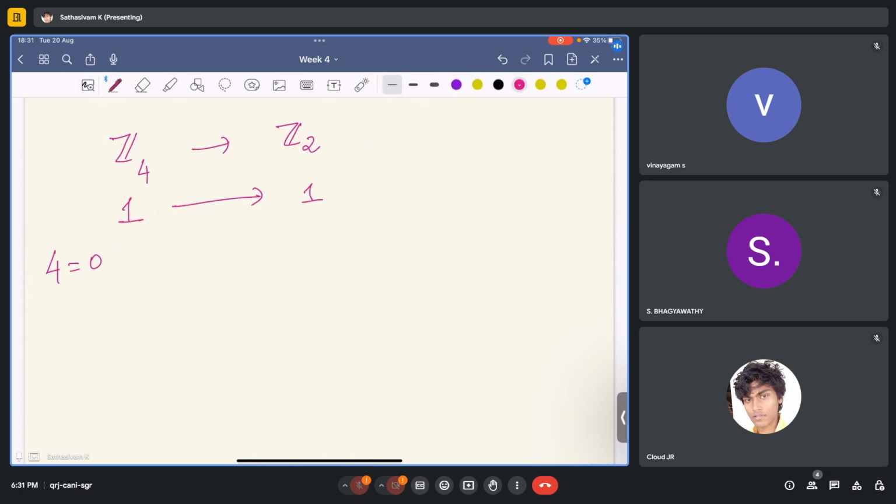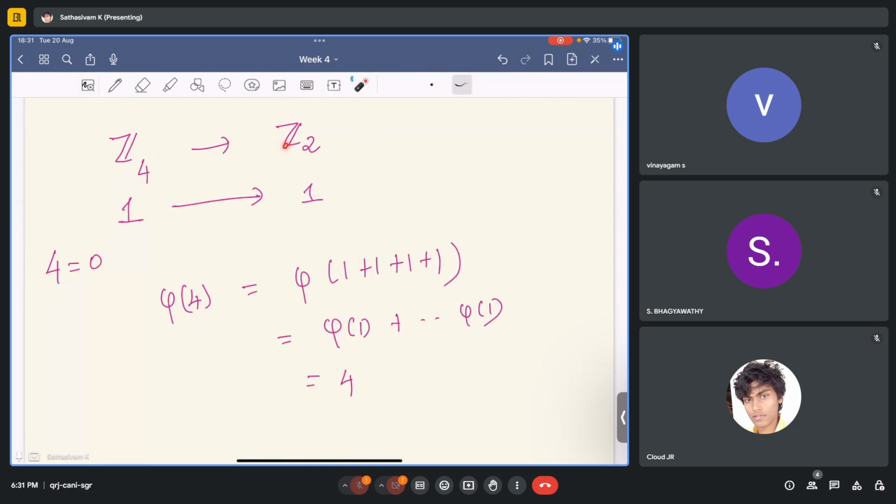So if you look at phi of 4, which is nothing but phi of 1 plus 1 plus 1 plus 1, you write it as phi of 1 four times, and this is equal to 4 inside this group, right?